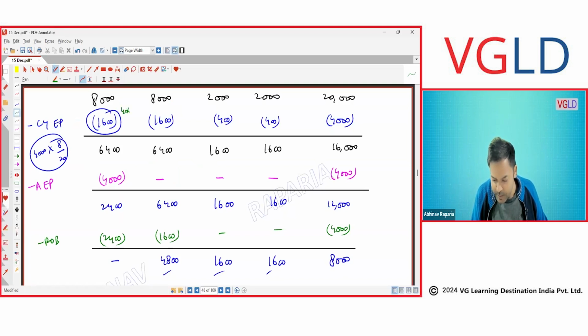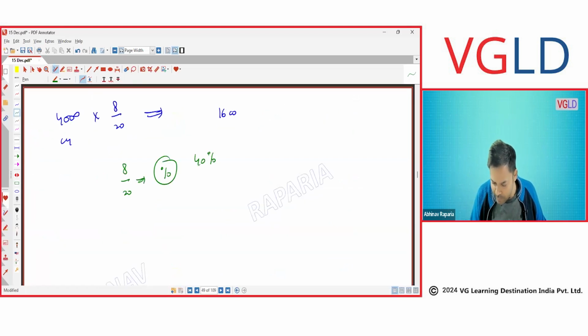So that means 40%, 40%, 10% and 10%. And then they are multiplying that. So 4000 into 40%, 4000 into 40%, 4000 into 10%, 4000 into 10%. It's the same thing. Whether you do this way or you convert into the percentage and do it. Point clear what I'm saying, guys?